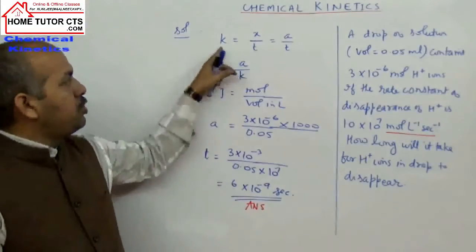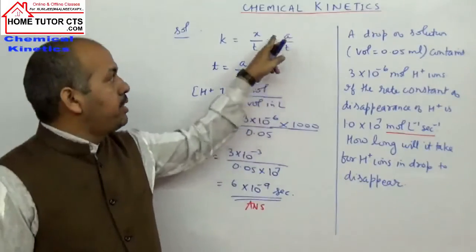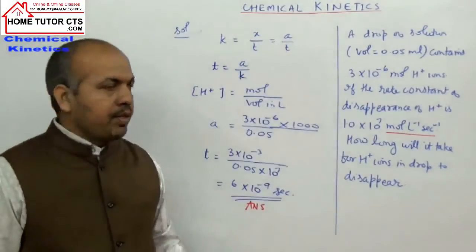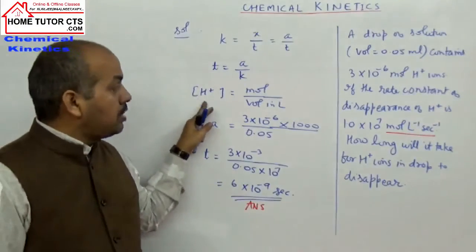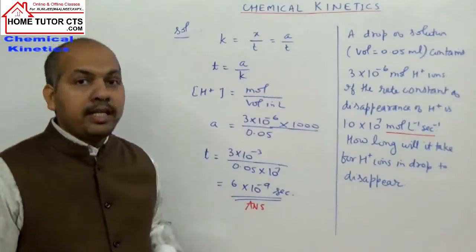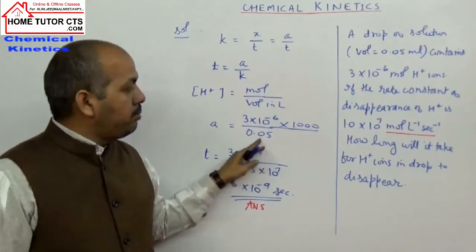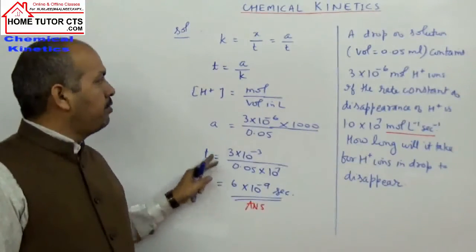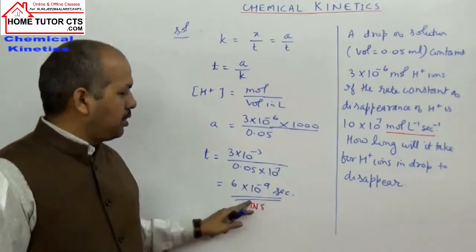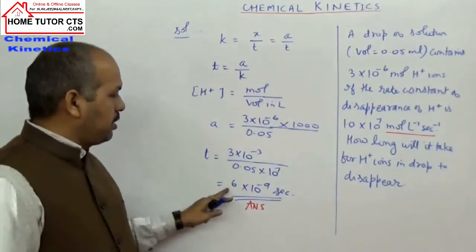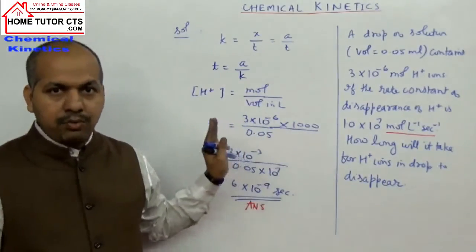That gives the hint about the zero order reaction. And the amount of reactant is all consumed, which means X will be equal to A. What is A? The initial concentration of reactant. How to find concentration? Moles upon volume in liters. Moles of hydrogen ions, volume is in milliliters, to make it liters divide by 1000. Then time will come as A divided by K. So on solving, we get our answer 6 into 10 to power minus 9 seconds. I hope it is clear to all of you.